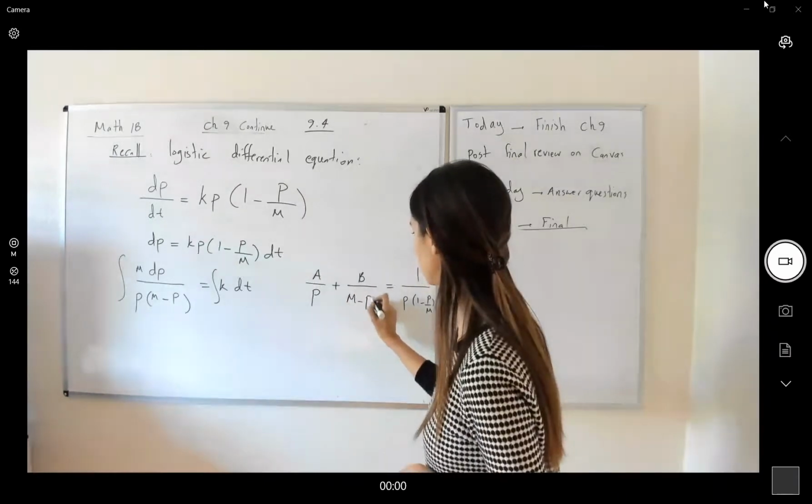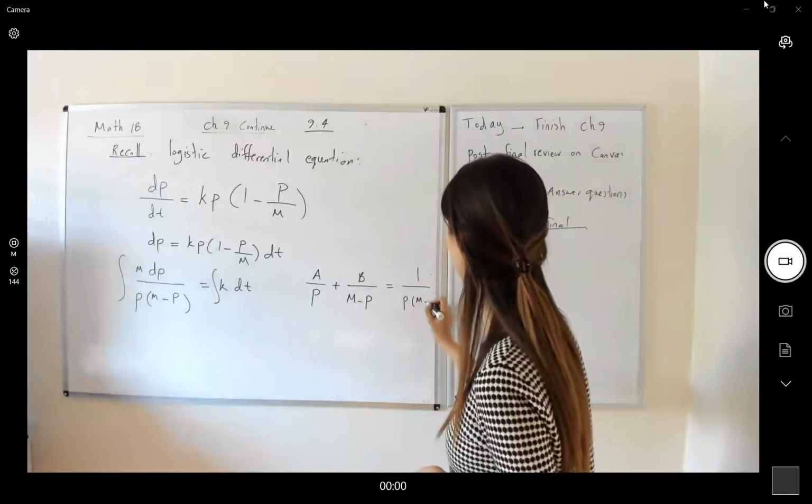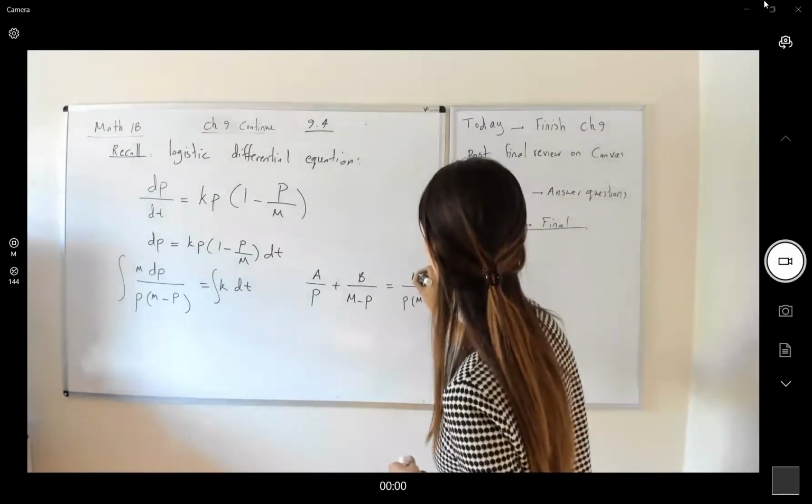So the denominator is M minus P, and on the numerator, we only have, for example, M.